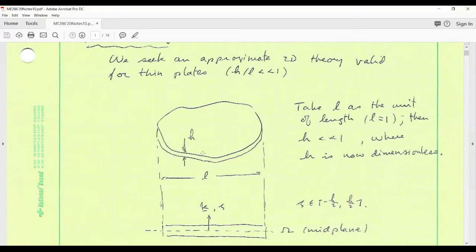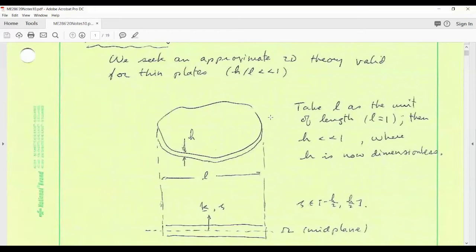The idea is that h is much smaller than the smallest span-wise dimension. Okay, so we'll assume that ratio is very small. And then the objective is to derive an approximate two-dimensional model based on this strong inequality.